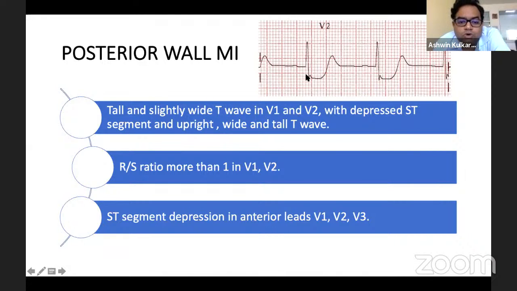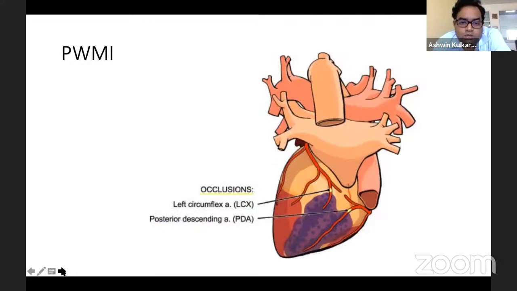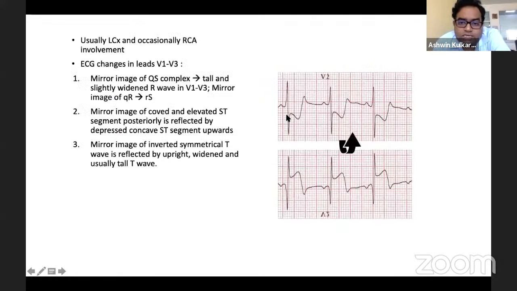If this ratio is more than 1, all these three things together tell that it is a posterior wall MI. So a tall and slightly wide R wave, RS ratio of more than 1, ST depression in V1, V2, V3, and an upright T wave. All these together confirm it is a true posterior wall MI. Here you can see the same thing, R by S ratio of more than 1, ST depression and upright T wave.